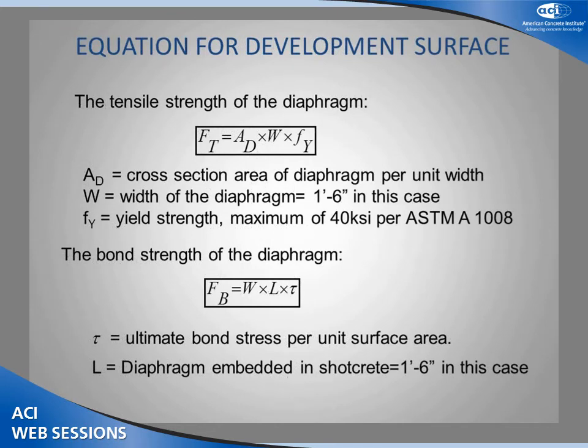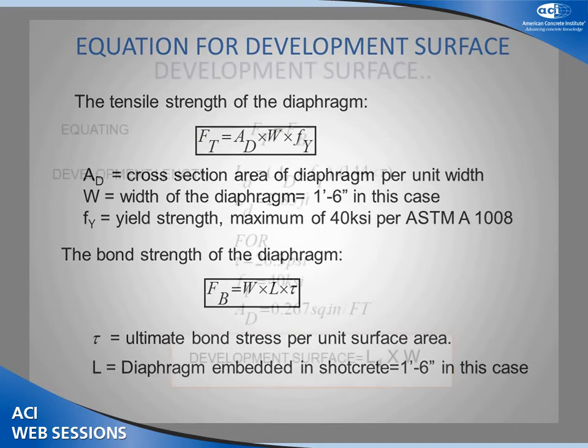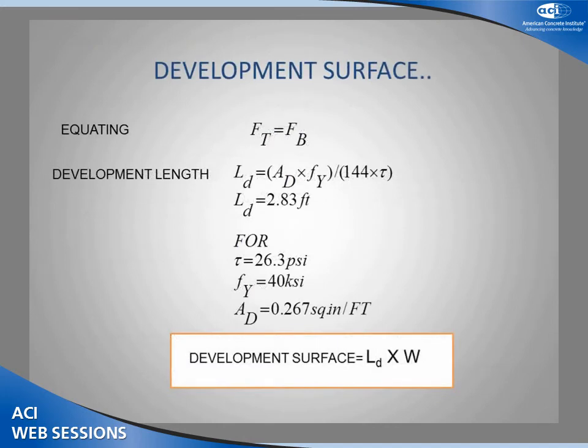So you get the tensile strength of the diaphragm, pretty simple, no magic there. And your bond strength, again, everybody would be familiar with these equations. Once you equate tensile strength to bond, you get the development length of the diaphragm. Even if you use the minimum value of bond, you will get a development length of about 2.83 feet.